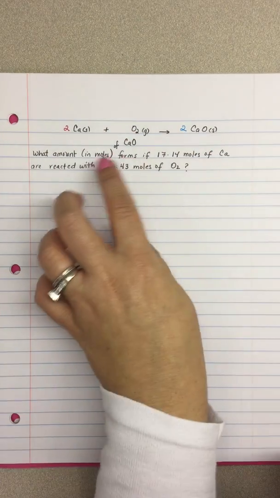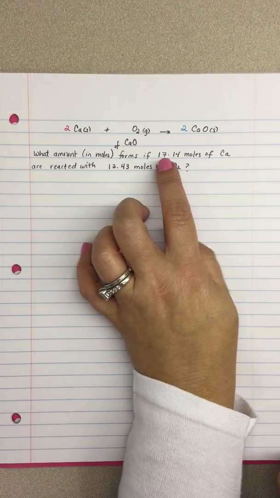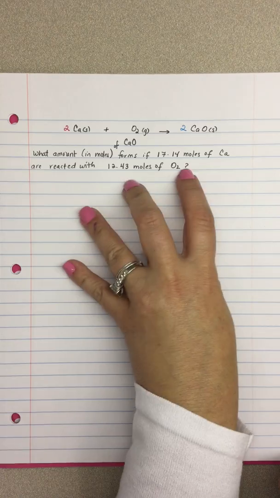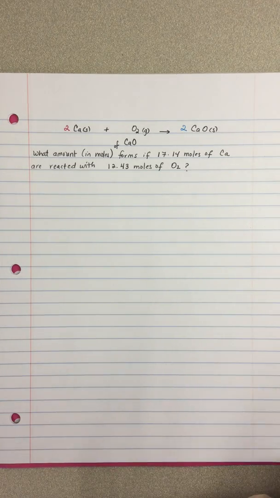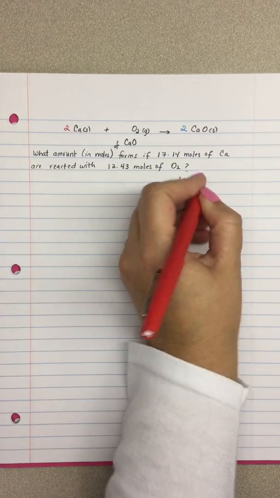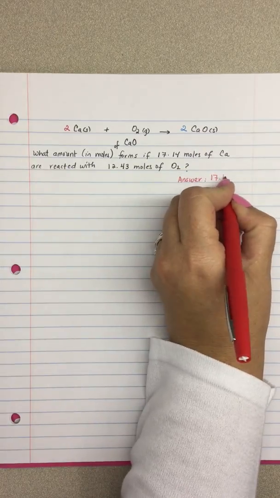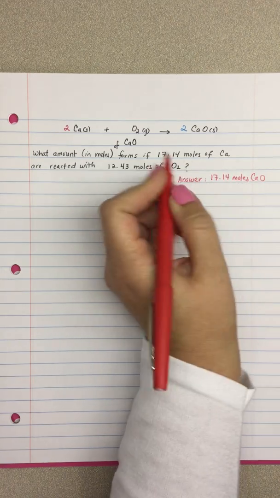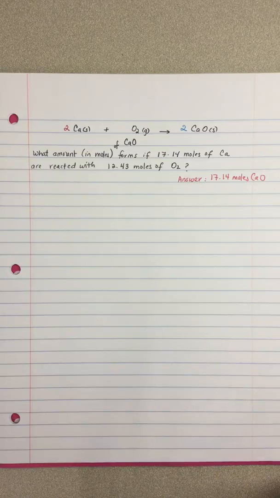How much of your product are you getting if you're mixing 17.14 moles of calcium with 12.43 moles of oxygen? And that's your answer.